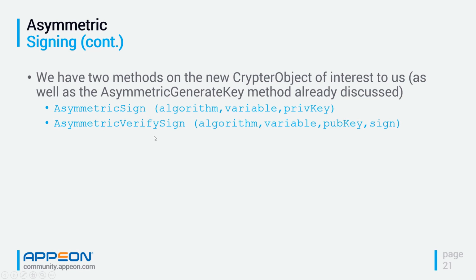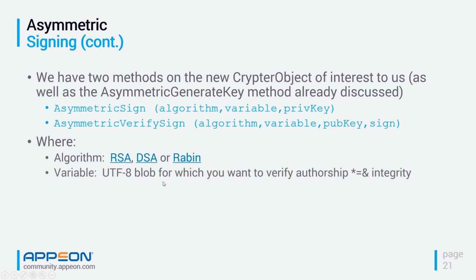The person receiving the data would run asymmetric verify sign, specifying the algorithm, the variable that has the data, the sender's public key, and the value returned by the sign function that they're going to compare against. So this is the case where you can use DSA. You can use RSA and Rabin as well for signing, but DSA can only be used for signing, not for encryption.